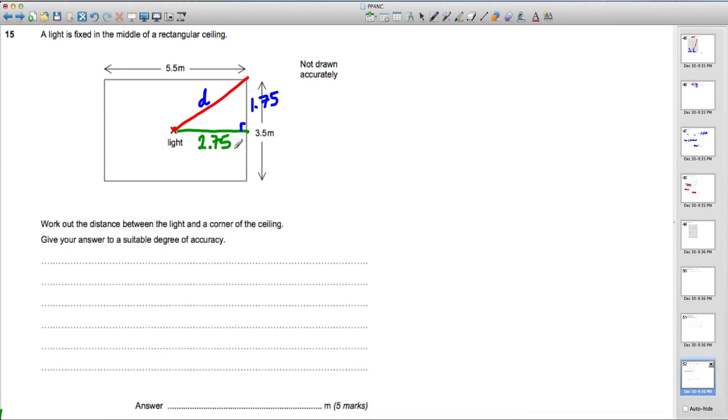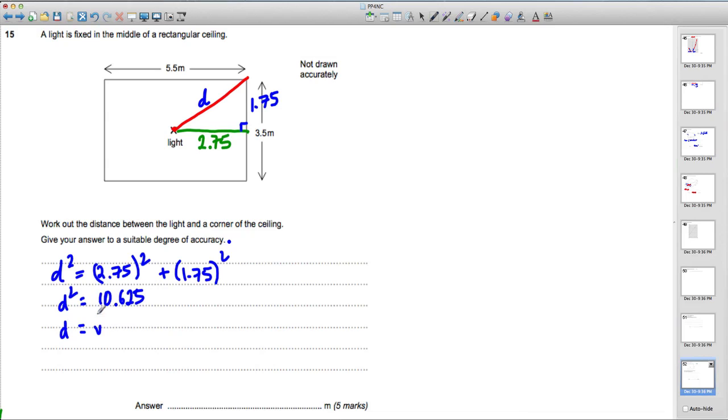By doing this, we've formed a right angle triangle, and we can use Pythagoras. We know that d squared must be equal to 2.75 squared plus 1.75 squared. So 2.75 squared plus 1.75 squared, that's equal to 10.625. That's d squared.